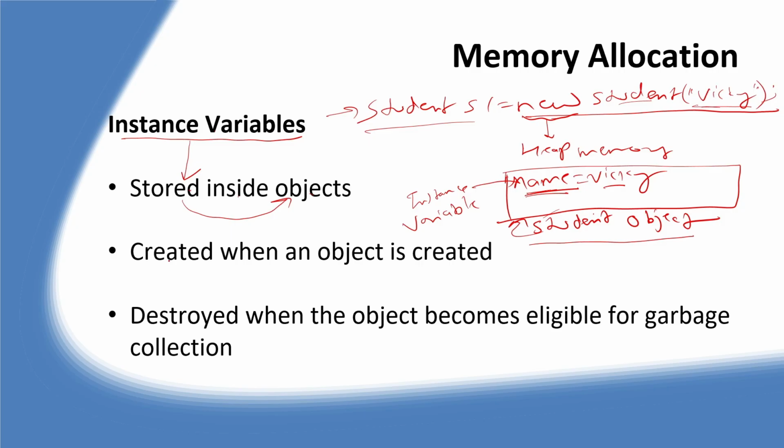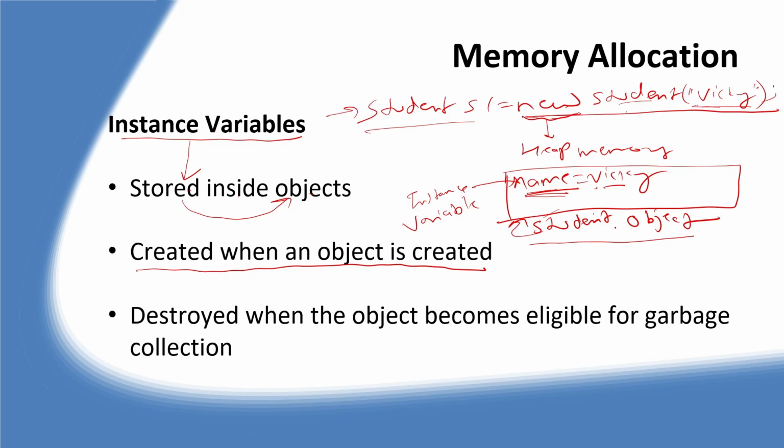Okay, created when an object is created. So in this statement we are using new keyword. So new keyword means this object will be created in the heap memory, and during object creation only, at the same time only, this instance variable will be created. And where it will be created?